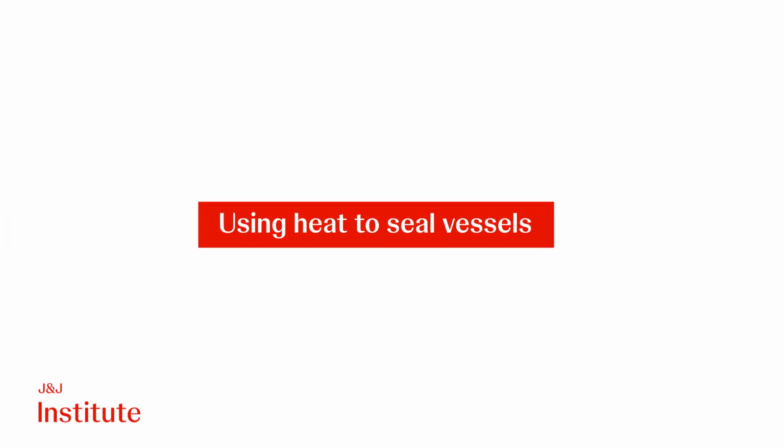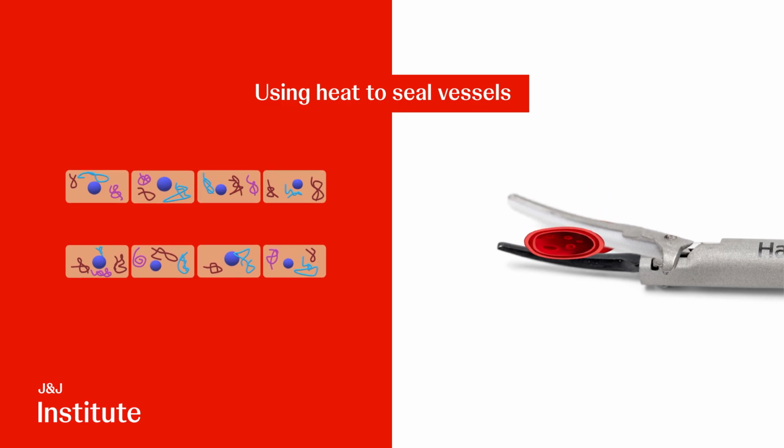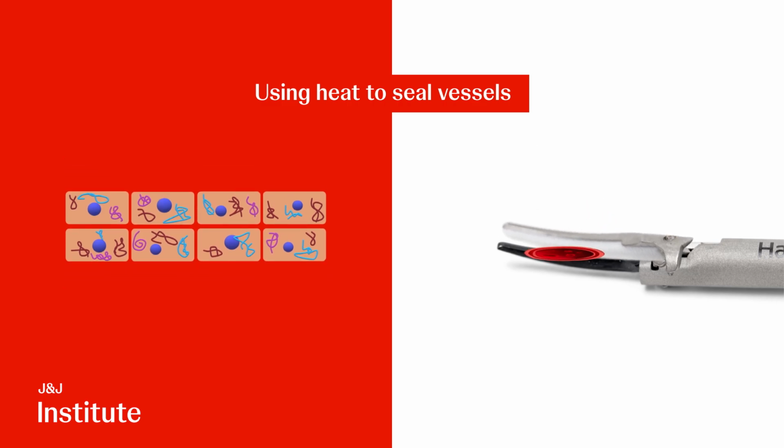Applying these principles to comprehend how a vessel is sealed with heat, the initial step always involves using a device like forceps, bipolar devices, or harmonic shears to clamp vessels. This action, termed coaptation, brings the intima of one side of the vessel in contact with the opposite side.